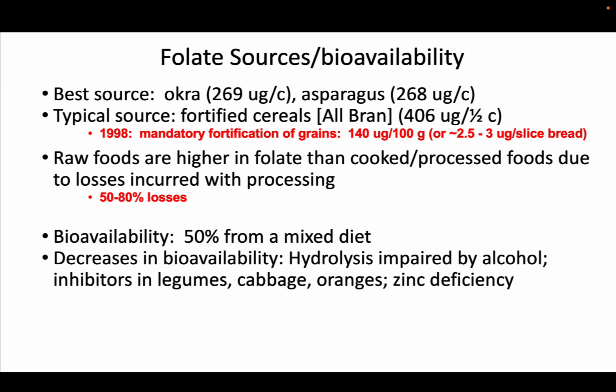Things that could decrease the bioavailability further beyond the 50% would be that our ability to hydrolyze glutamic acids off of the structure can be impaired by alcohol consumption. There are also natural inhibitors in food sources, so beans, legumes, cabbage, oranges can all have molecules inside of them that can inhibit the release and absorption of folate.